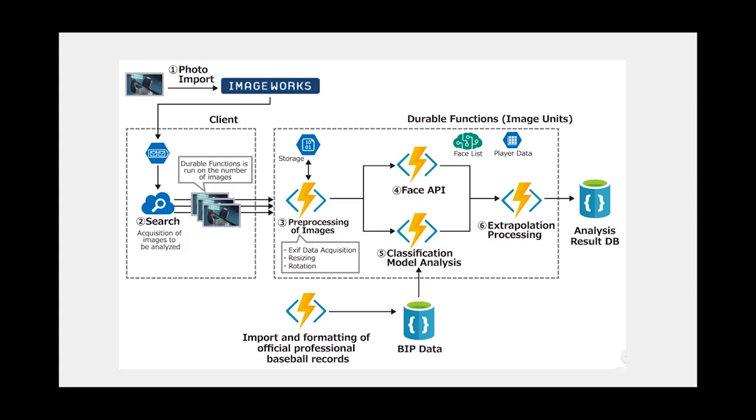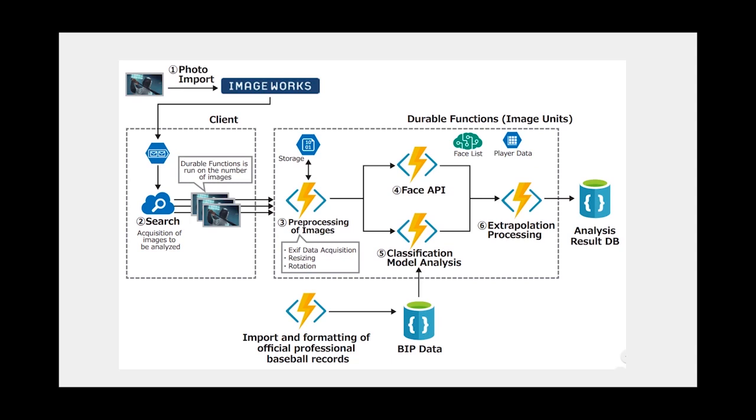So this is the technical architecture of how this solution is being developed. The photos get imported by a lot of photographers who run around during the sporting events. And then essentially that will get pushed into the queues on the cloud. And then they make use of Azure Search that can further do some analysis. And then they might want to do some image processing, making use of Azure Function, and particularly making use of Azure Function as an all-up image unit.